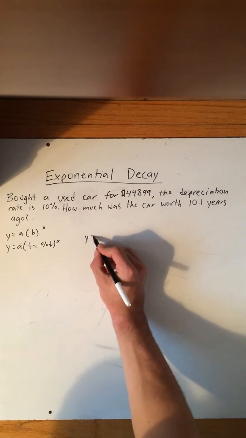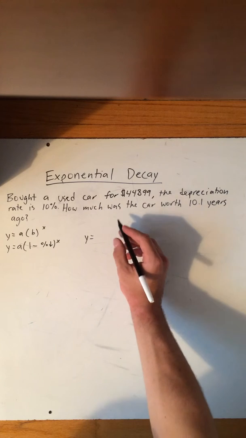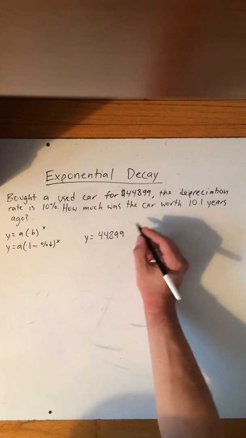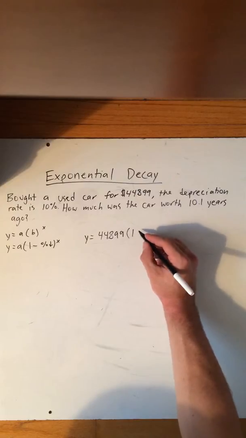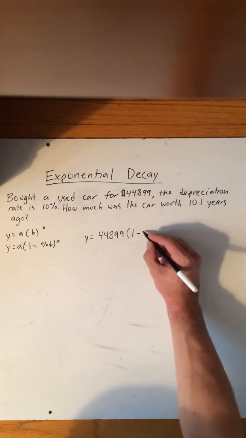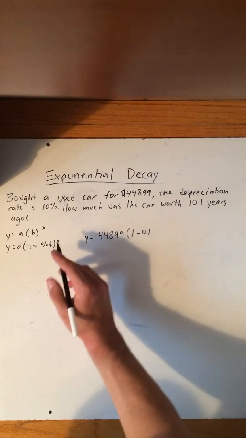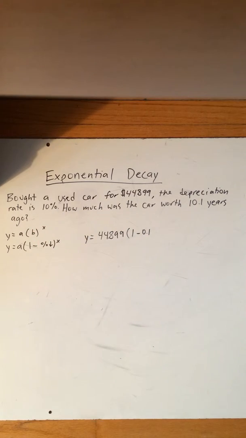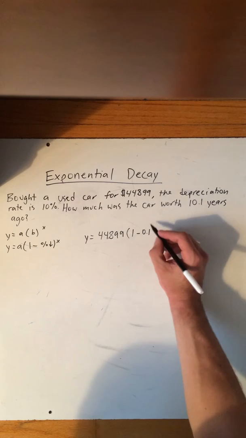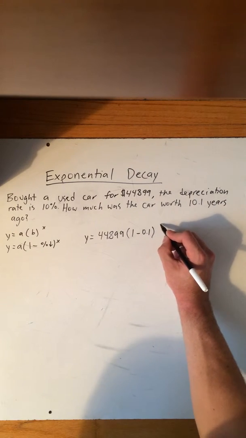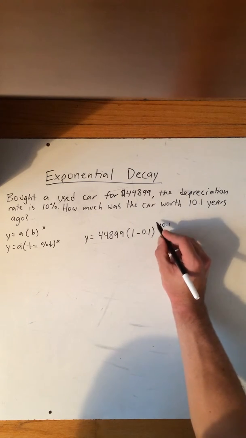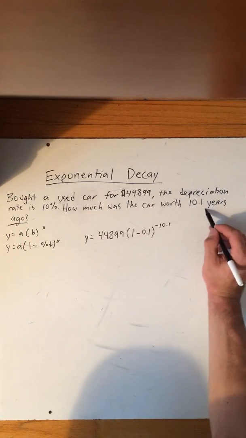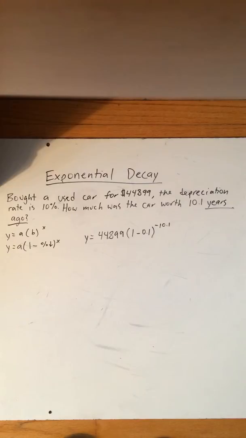So it would be y equals 44,899, 1 minus 0.1. So don't forget that when we're putting that percentage in, it has to be converted into a decimal form, to the power of 10.1, and it is negative because it says how many years ago, which is in the past.